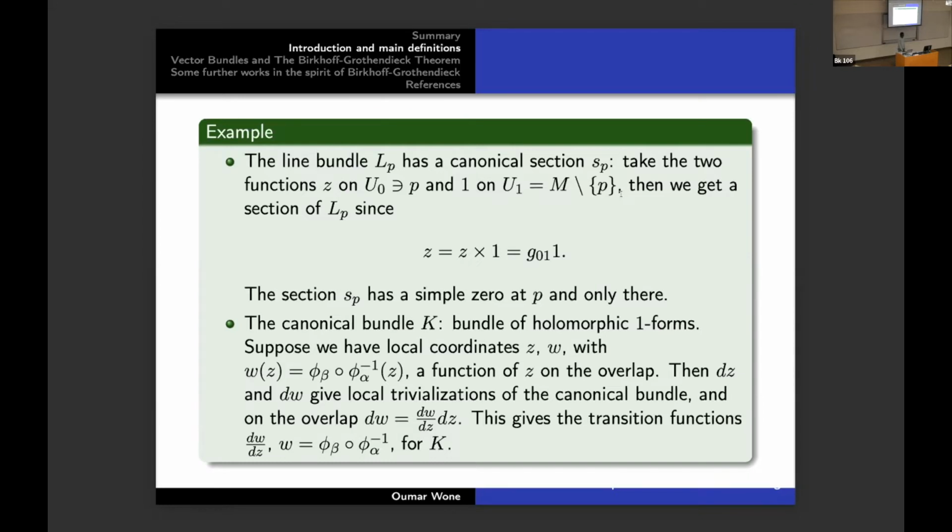Now, let us consider the canonical bundle K, which is the bundle of one forms on a Riemann surface. If we have local coordinates Z and W such that on the overlap we have W of Z, it is phi beta composed with phi beta minus 1, and it is a function of Z, then dZ and dW will give local trivializations of the canonical bundle.